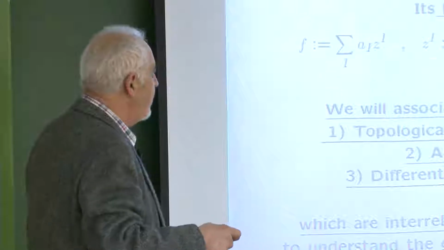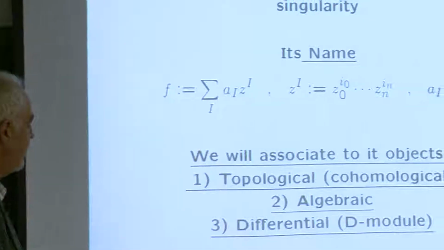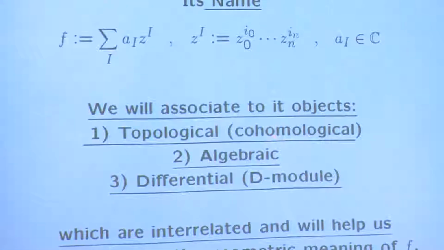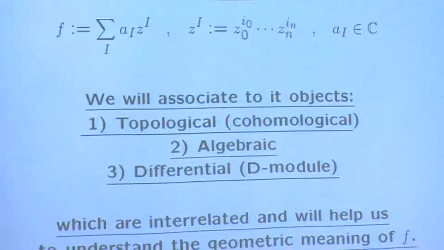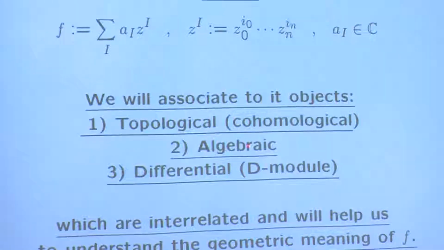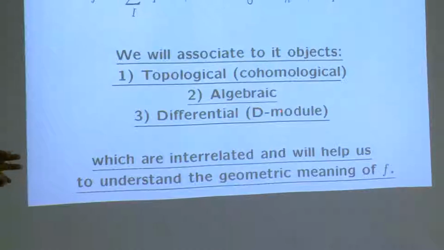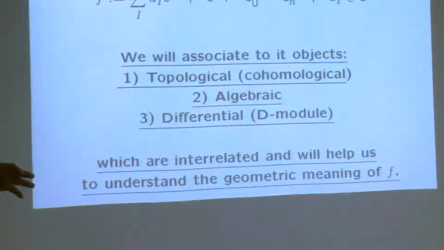We will associate to this name first some topological considerations, which will be cohomological, then some algebraic ones, and there will be a relation between the topological and the algebraic, but the relation will be somehow mysterious.